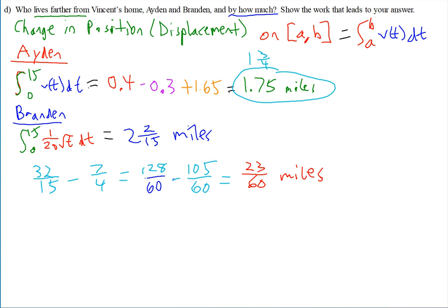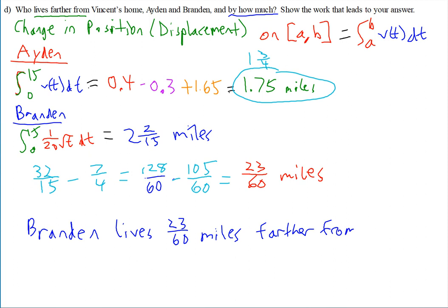Okay? So we can say Brandon lives 23/60ths miles farther from Vincent's home than Aiden.